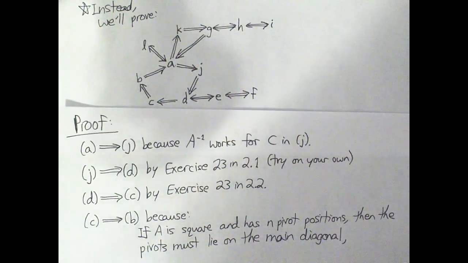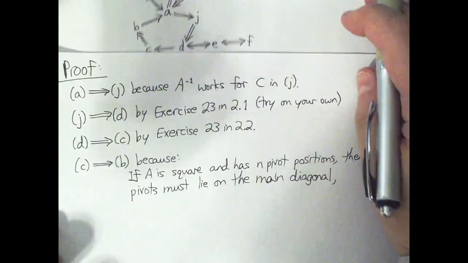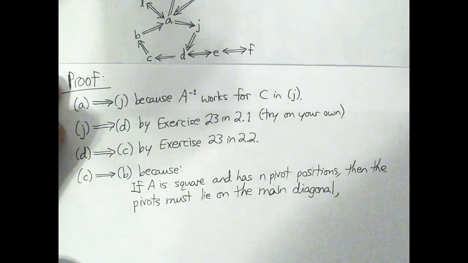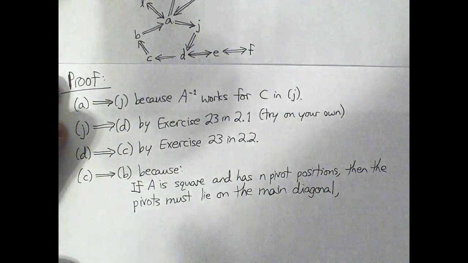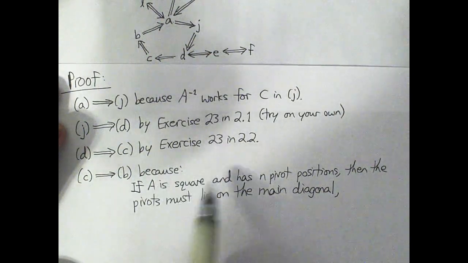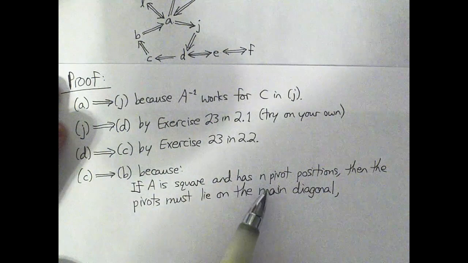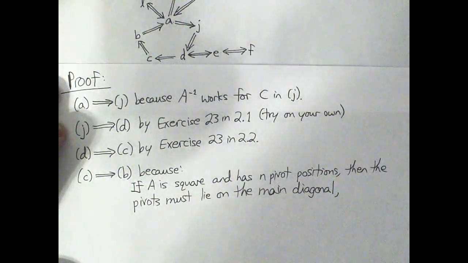This is kind of like a counting argument, right? You have n rows, you have n pivots, you have n columns, right? So the pivots have to follow this sort of staircase pattern, so they have to make a diagonal, and they lie on the main diagonal.